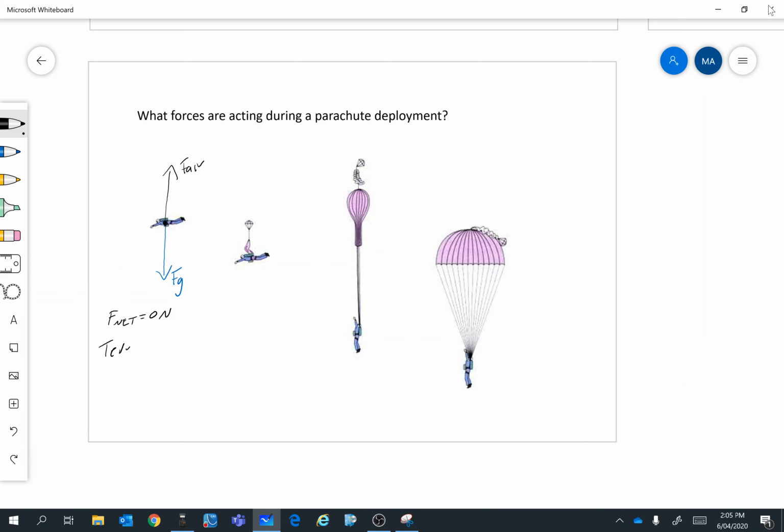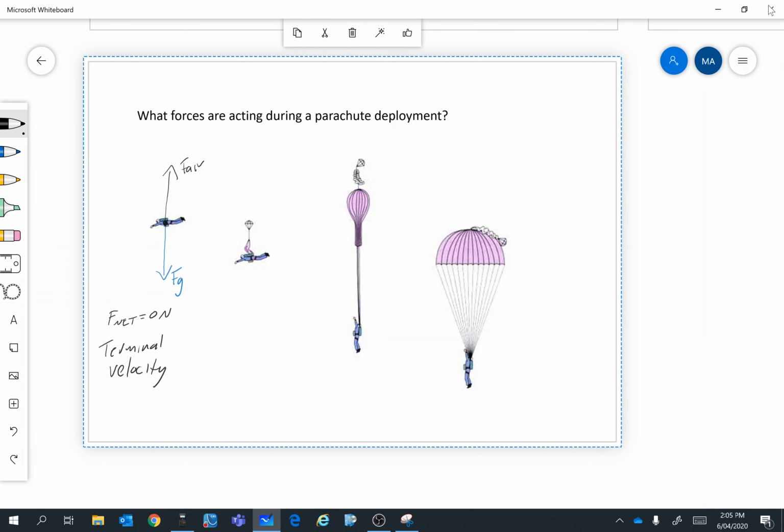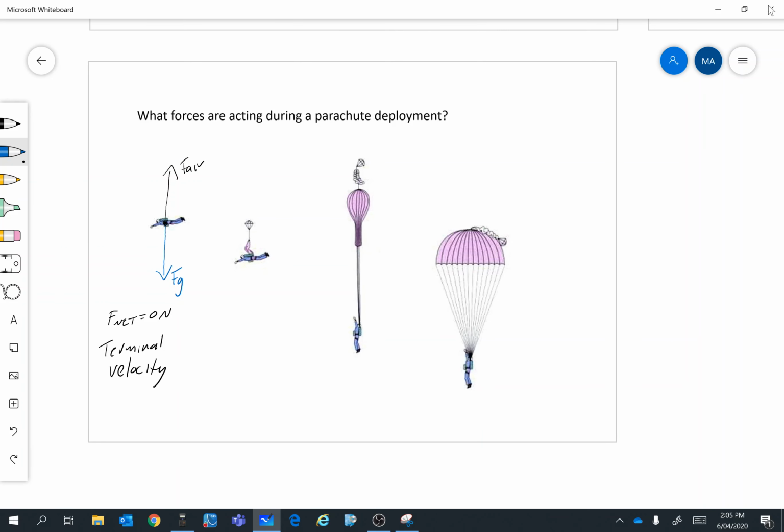So we have terminal velocity. Now, it would be advisable for this skydiver to deploy their parachute before they hit the ground. So once that parachute is deployed, we start to see an increase, not in the weight of the skydiver, but an increase in the air resistance. At first, just very slight.